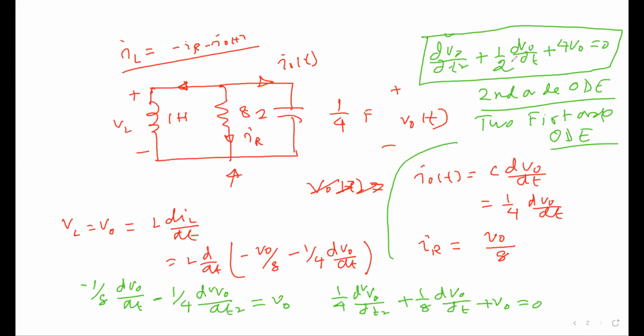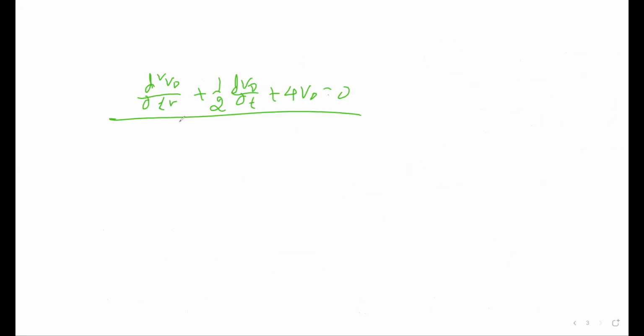If you want to analytically solve it, what will be our solution? Your equation is d2V0 dt2 plus half dV0 by dt plus 4V0 equal to 0. What will be the characteristic equation? Is it not lambda square plus half lambda plus 4 equal to 0?